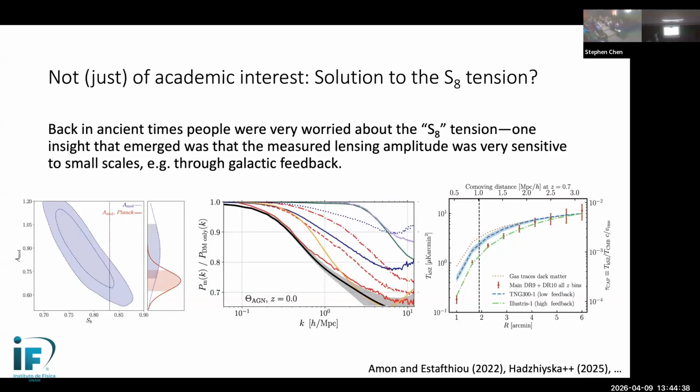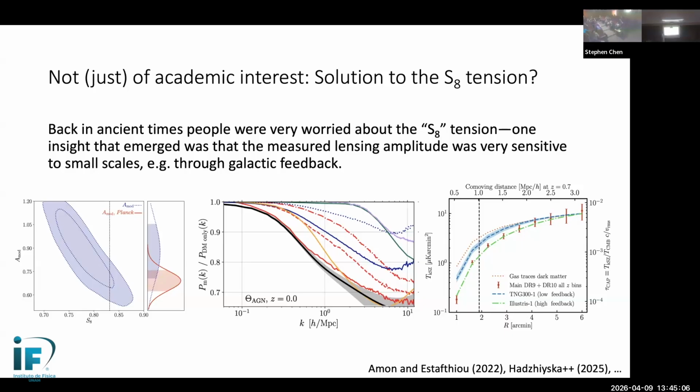In fact, I would say that this question is not just of academic or mathematical interest. Back in ancient times, when I first started working in cosmology, people were even more worried than they are now about the S8 tension. It seemed much more serious. And one insight that emerged from all this discussion was that the measured lensing amplitude S8, or constraints from weak lensing, were actually very sensitive to small scales.